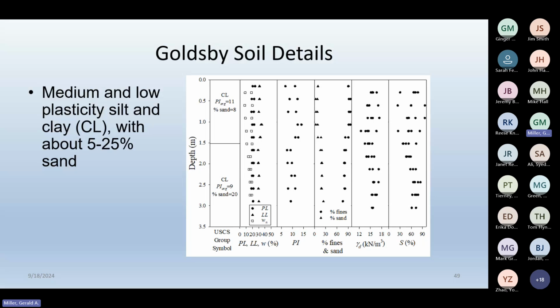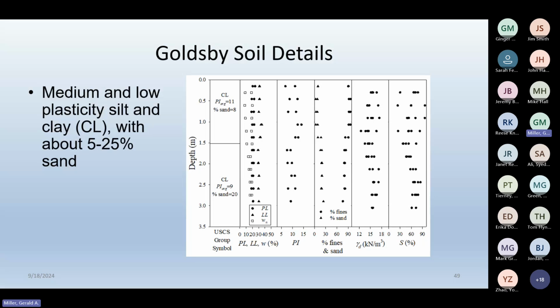So this was a soil profile consisting of medium to low plasticity silt and clay, most of it classified as CL, and had about 5 to 25% sand.